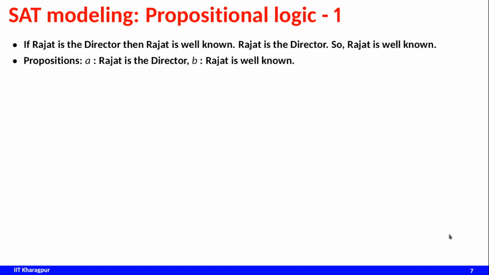So we define the propositions. Let's say A is the proposition that represents Rajat is the director, and B is the proposition that Rajat is well known.